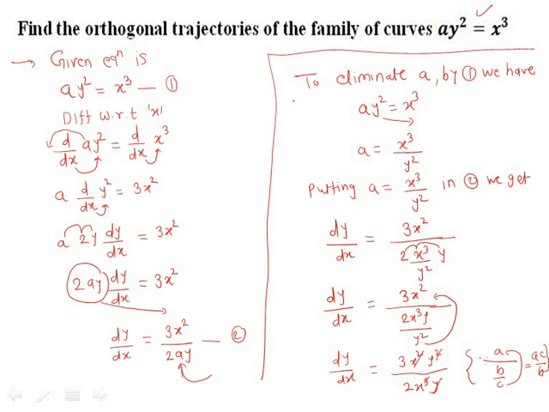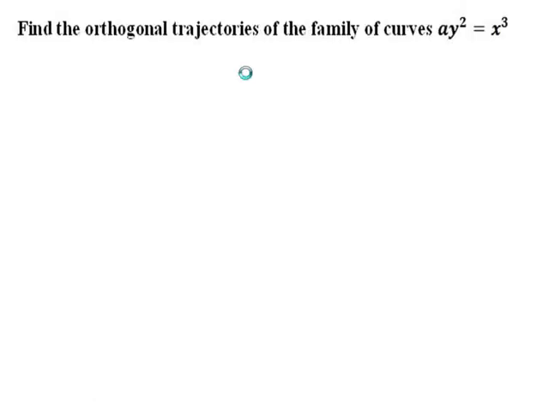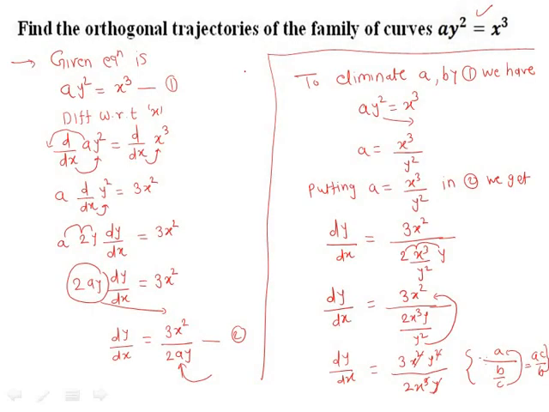In the denominator we get 2x, since x square is cancelled from x cube, and one y is cancelled from y square. So the remaining terms are dy by dx is equal to 3y upon 2x.